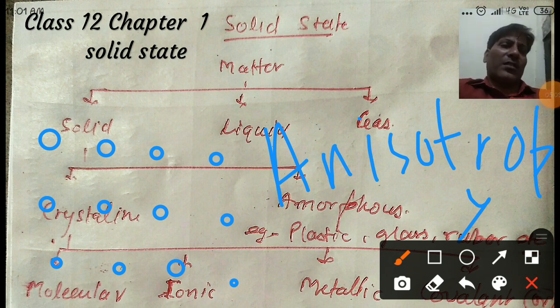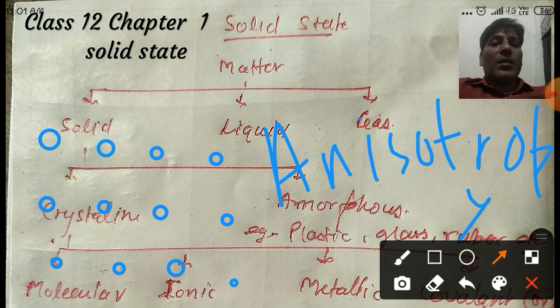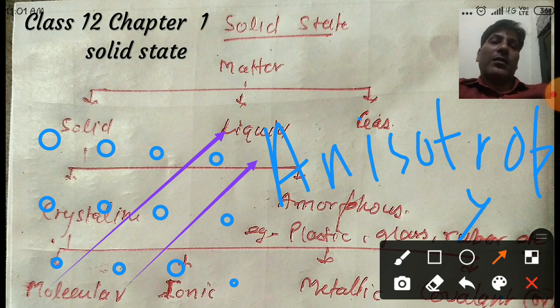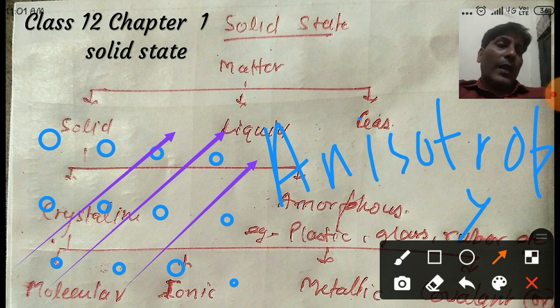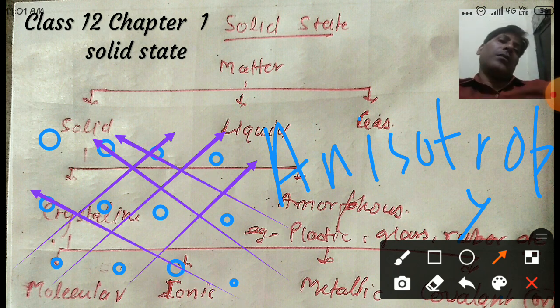How can we know about that? Now you can see here, if we pass electricity in this way, we find some restriction in the path of it, and similarly if we pass light in this way, we find some restriction.